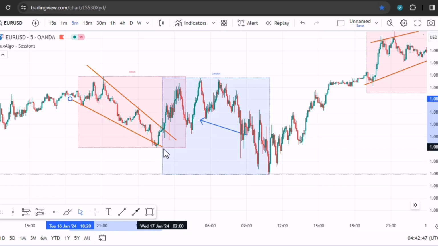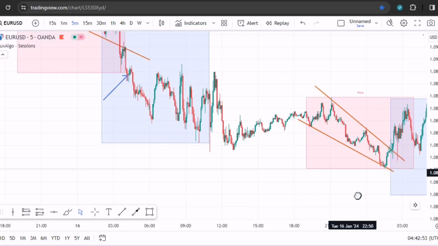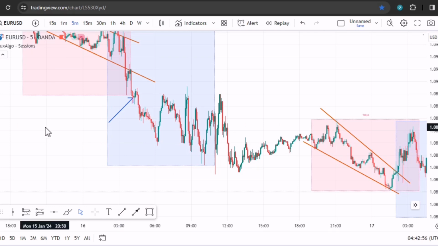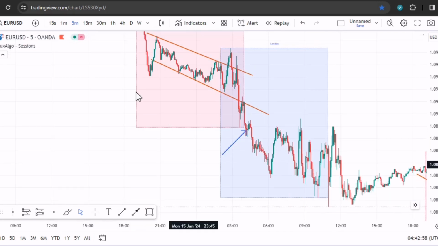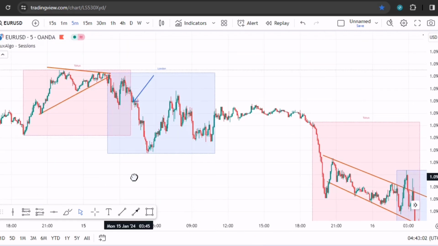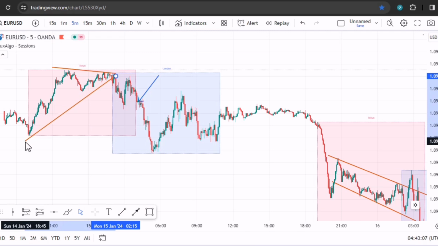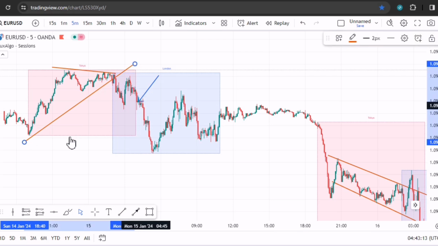Just cover what happened on the Tokyo session, and then since price is above this, you buy. Right here it was a sell. Just cover what happened here. You would have sold there.